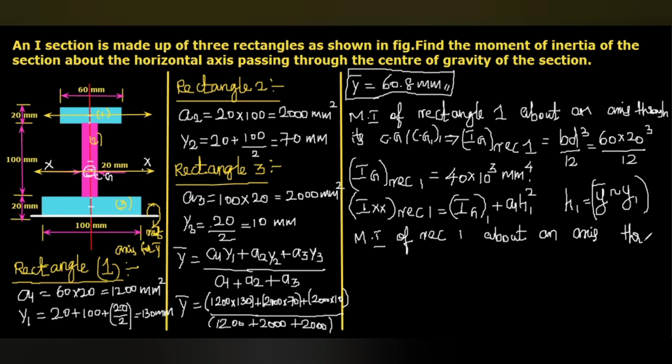So the moment of inertia of rectangle 1 about an axis, the x axis, which passes through the center of gravity of the whole I section.